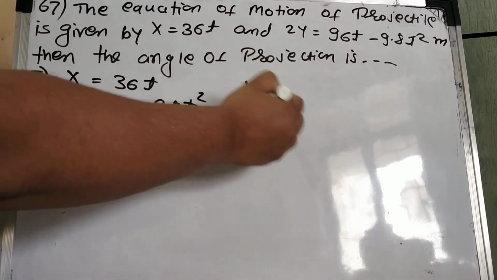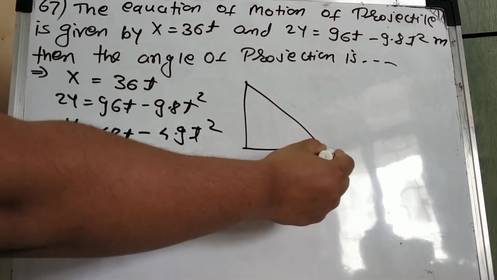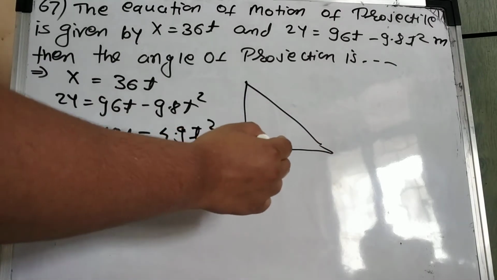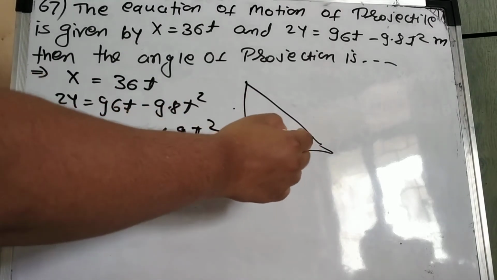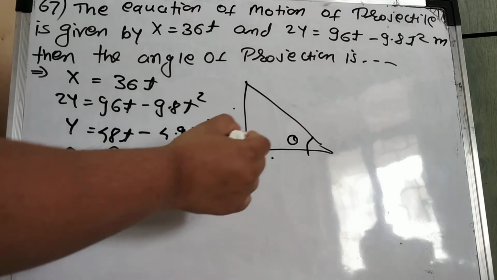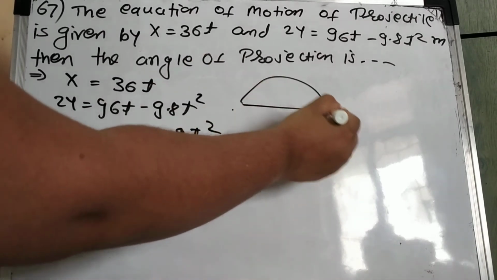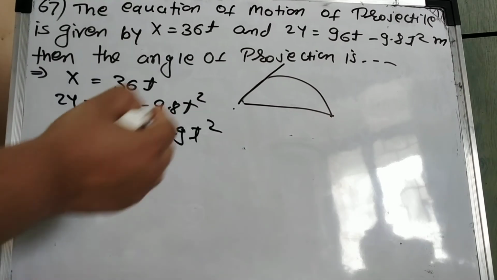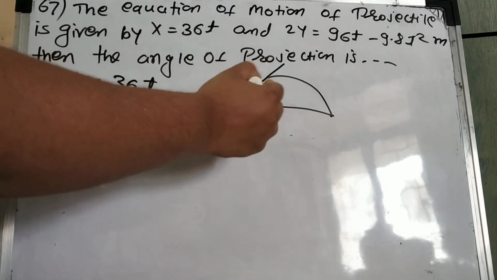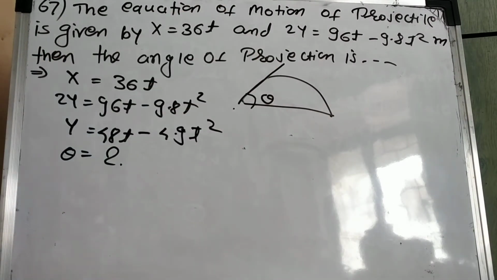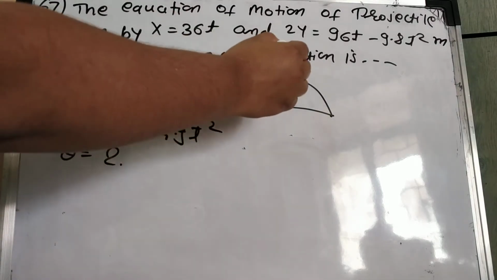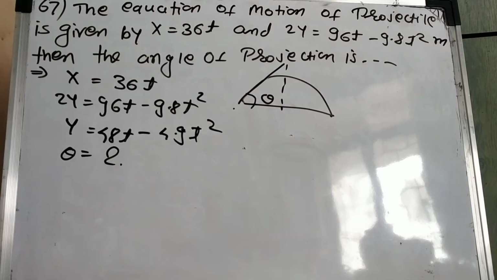Why do we need to calculate the derivative? Okay, this is the x-axis and y-axis. Suppose this is the angle, the motion is projectile motion, and this is the angle theta. We have to calculate this angle theta. So how to calculate it? Simple.